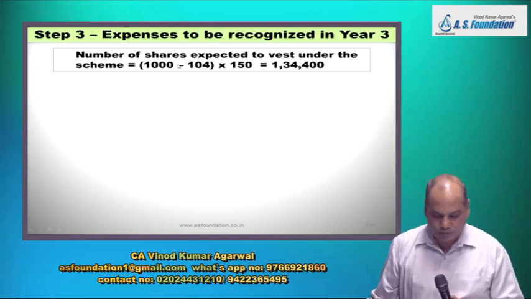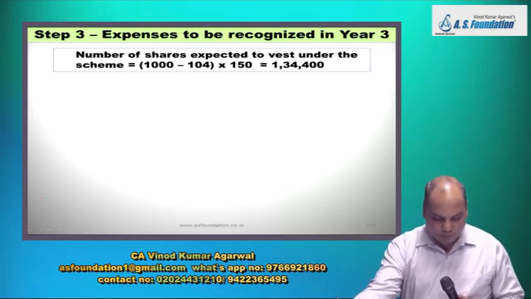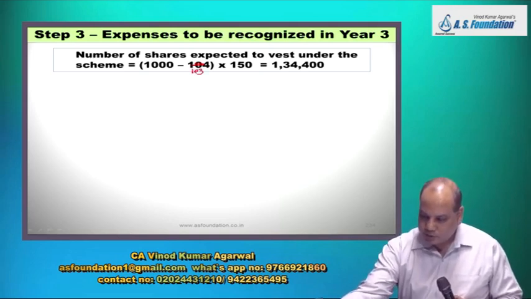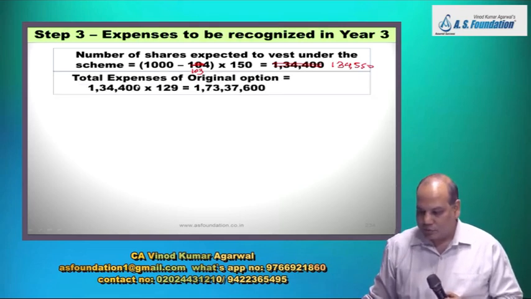What is the final answer? 134,550. I had some doubt. The total of people who have left is not coming to 104. How much is it? 35, 30 and 38 is 103. So this calculation will be 135? Yes, 150 rupees extra.